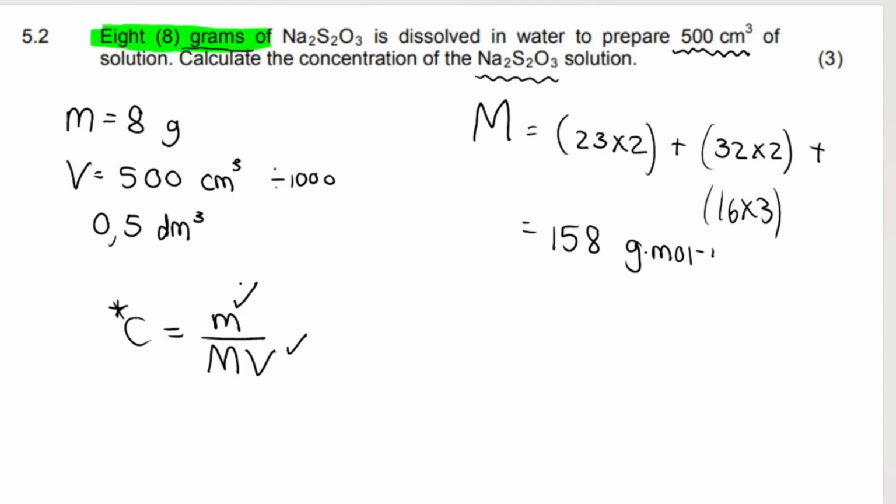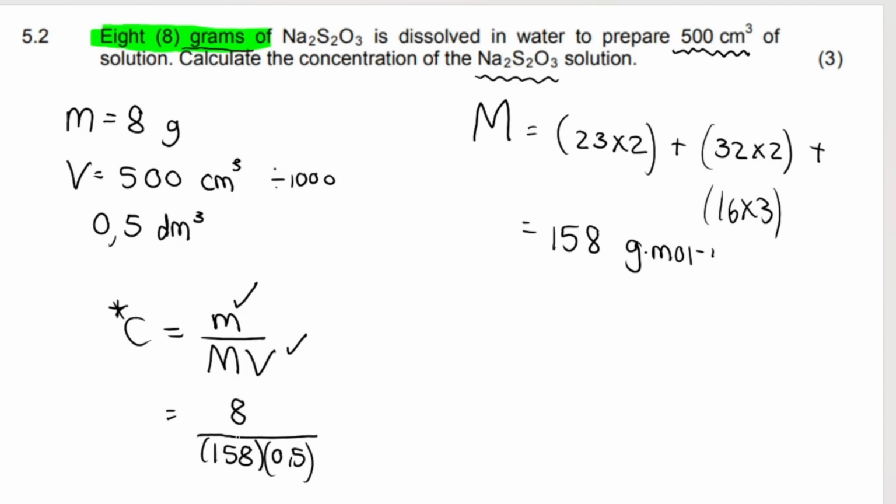Then we write down our formula, which I've already done. We substitute. So when we substitute, we put our numbers in the place of the variables. MV means molar mass times volume. So we've got 158 multiplied by my volume in cubic decimeters, which is 0.5.